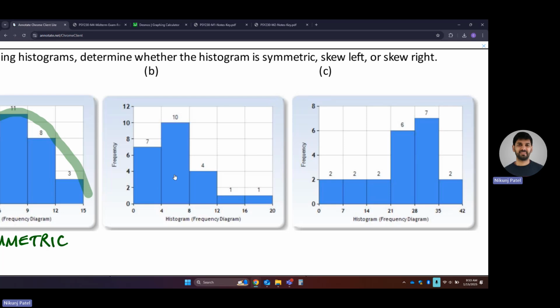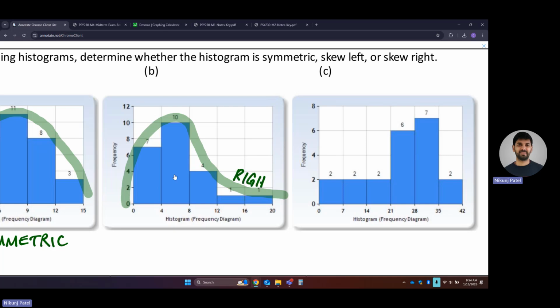Then we have other types of shapes where if I just roughly connect the corners of my rectangles, now this one looks like the peak is not in the middle of the number line anymore. It looks like the peak is kind of pushed towards the left. So it's really important to study this a little bit more closely.